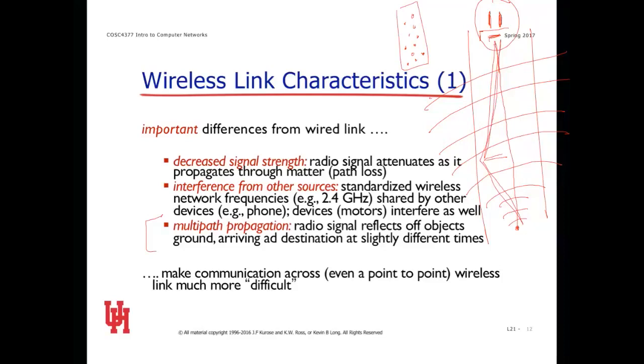You can draw a right triangle here and calculate the extra distance it went, but it shows up just a moment later. And you're going to have to eliminate that and ignore it and only pick the first one. And then there's another one that bounces off here, and here, and here, and here, and thousands of possible interferers. So the signal can take multiple paths to reach the destination.